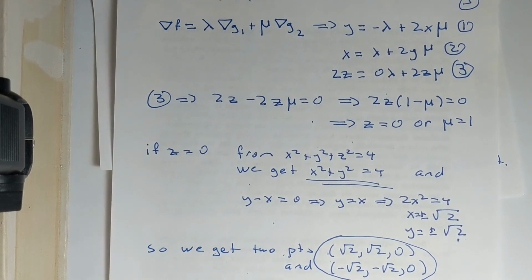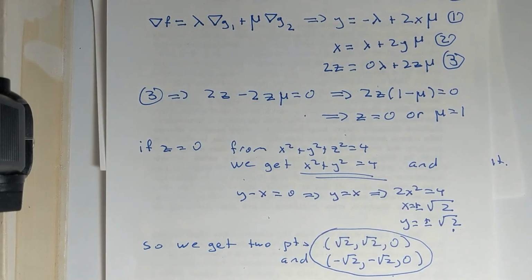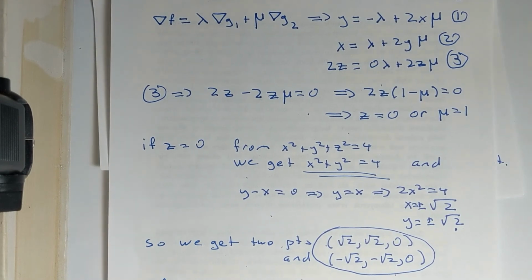The lambdas will cancel, of course. Well, that means we'll throw this to the other side. When you throw these guys to the other side, you get x plus y is equal to 0, or in other words, x is equal to minus y.